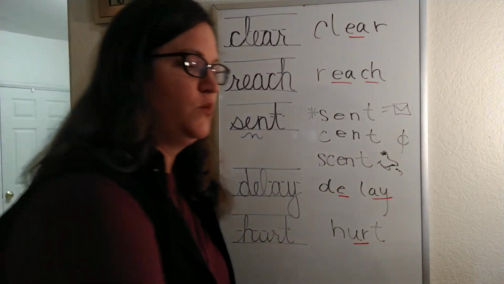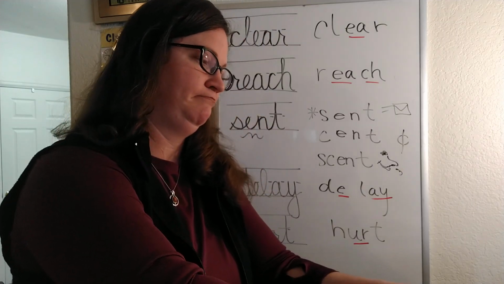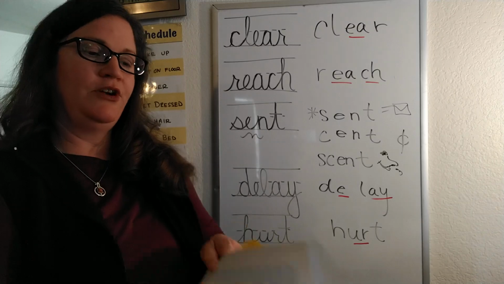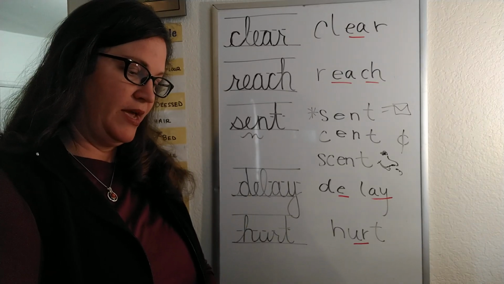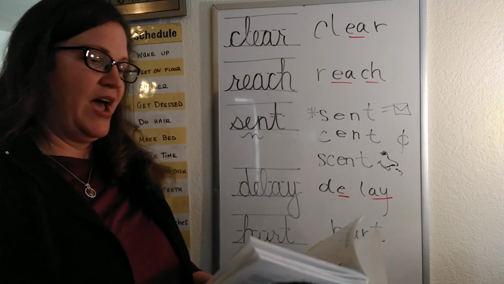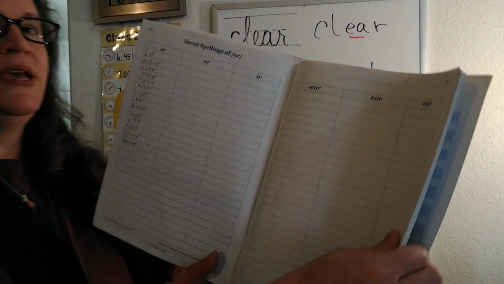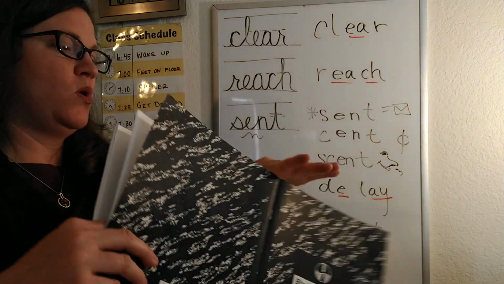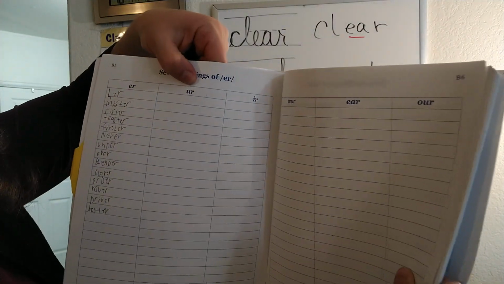Where should we add the word hurt? Turn in your Black Learning Lodge to the page B5 and 6, the 7 spellings of ER. What do you have so far?